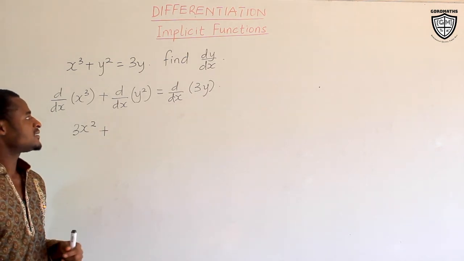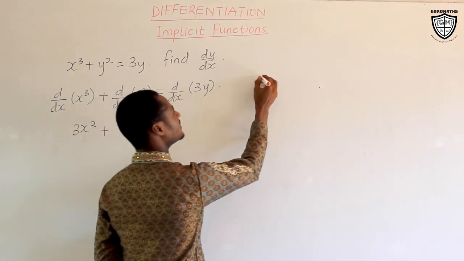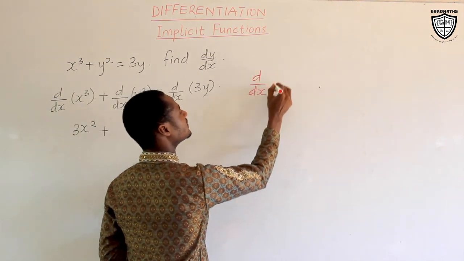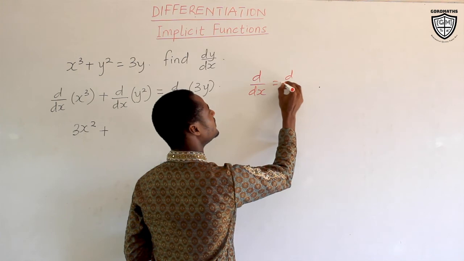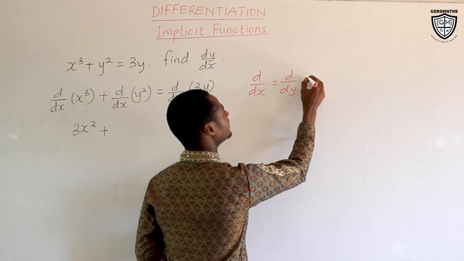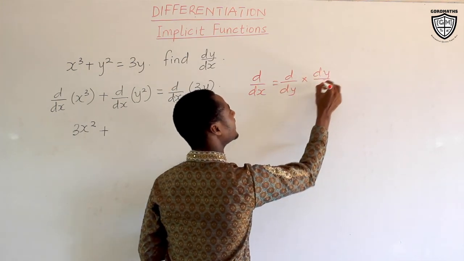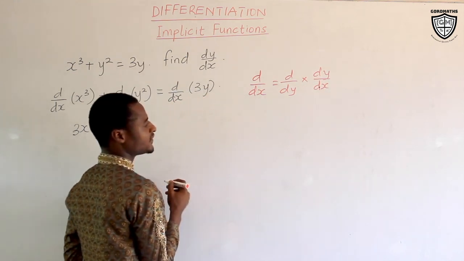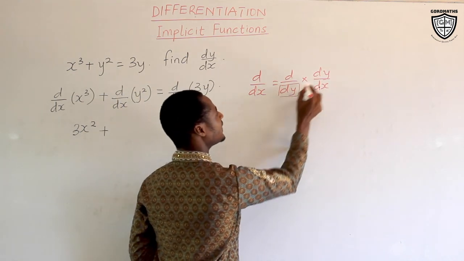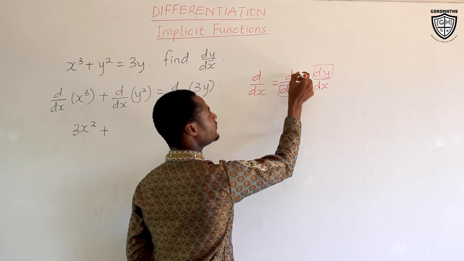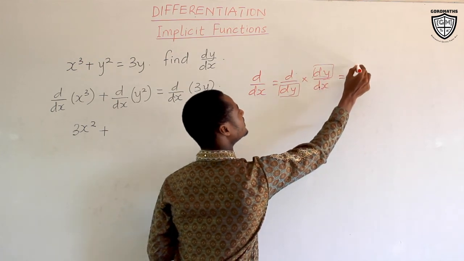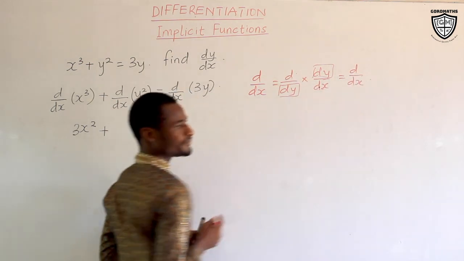But we can write d dx as d dx is equal to d dy times dy dx, so that when dy cancels dy, then we will be left with d dx.